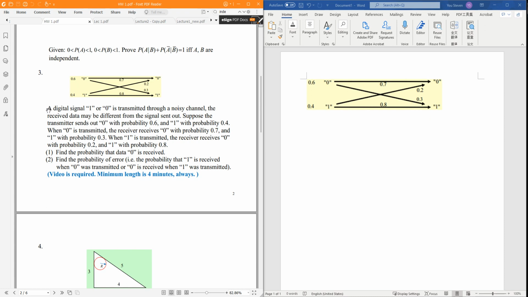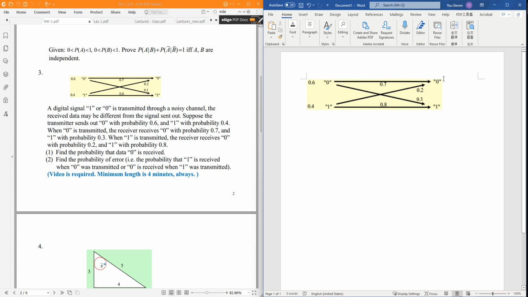So from this description, you can have this diagram, this picture. So the problem is that this side is a transmitter and this side is receiver. The transmitter can send 0 and 1 with a probability of 0.6 and 0.4.